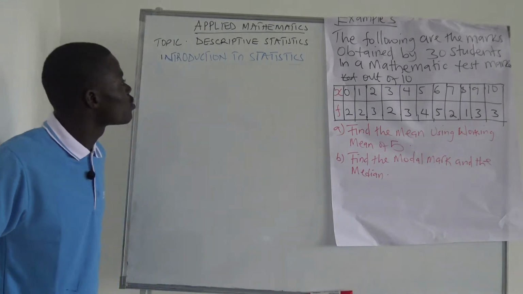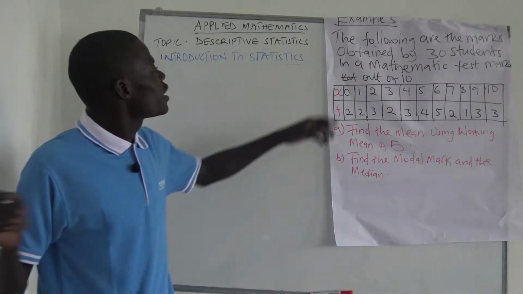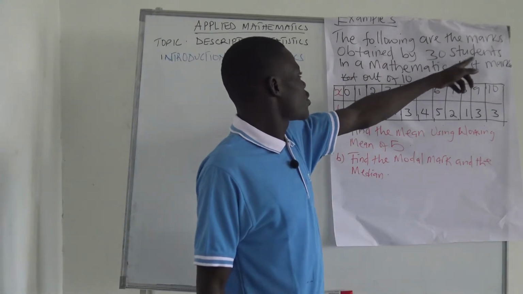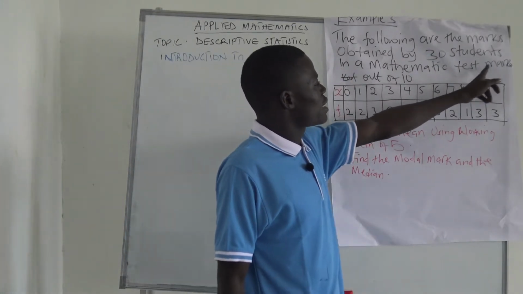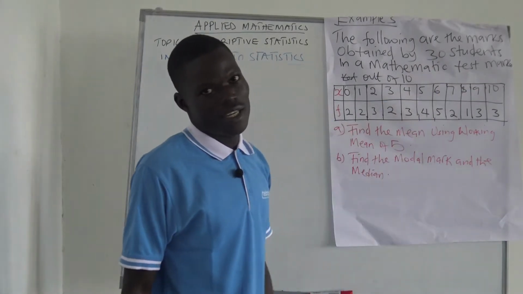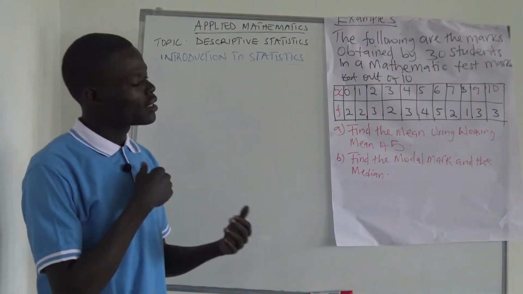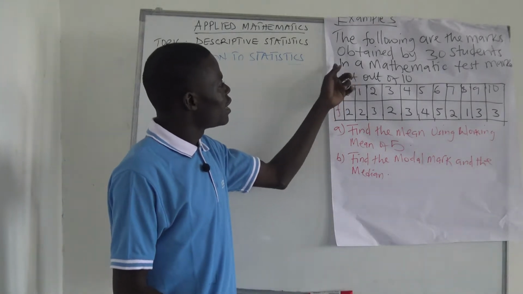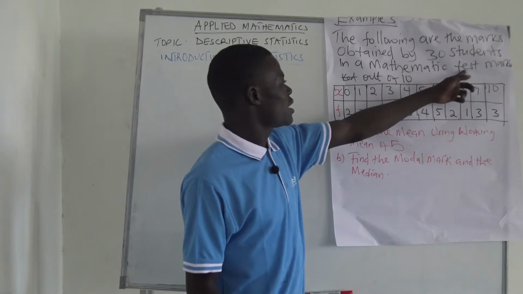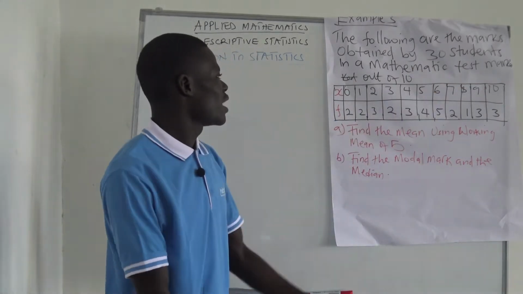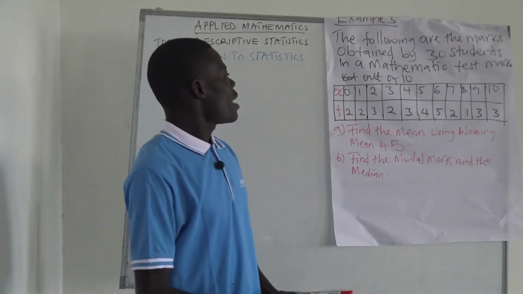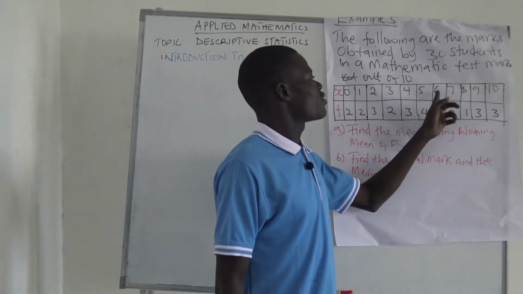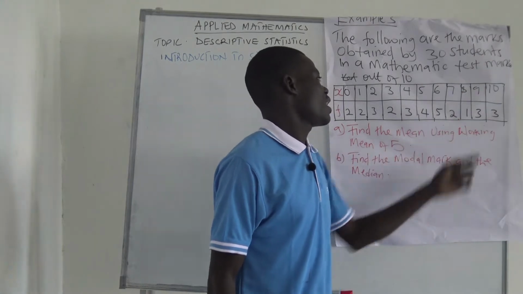Example 3 reads: the following are the marks obtained by 30 students in a mathematics test marked out of 10. Our marks are distributed from 0, 1, 2, 3, 4, 5, 6, 7, 8, 9, 10.